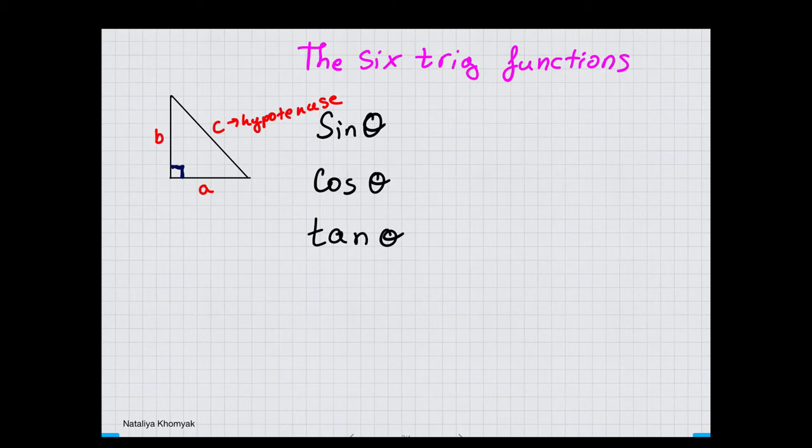So to calculate ratio of sine of theta, you take the length of the side that is opposite to theta and you divide it by hypotenuse. Cosine theta, you take the adjacent to the angle theta.